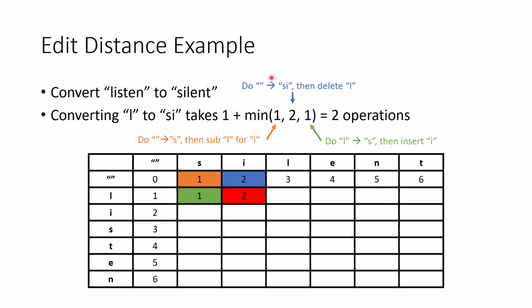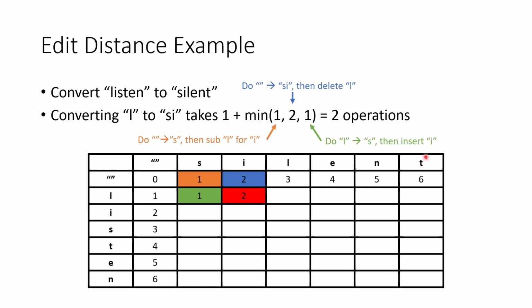The deletion is going to go from nothing to Si, so nothing to all the characters of Si, and then just deleting the last L character. As you can see here, that's going to correspond to 2 operations, which we computed before.